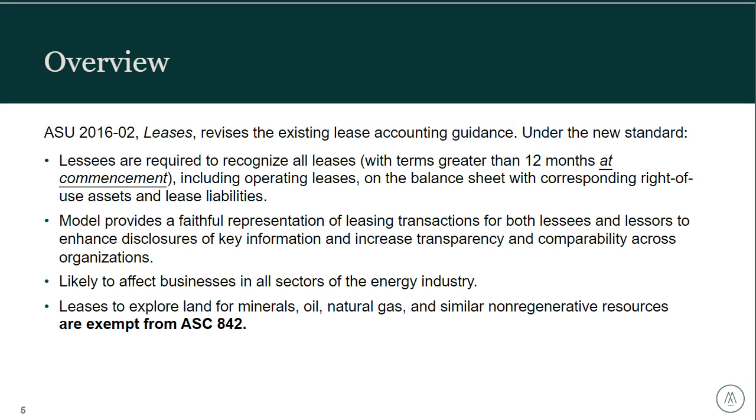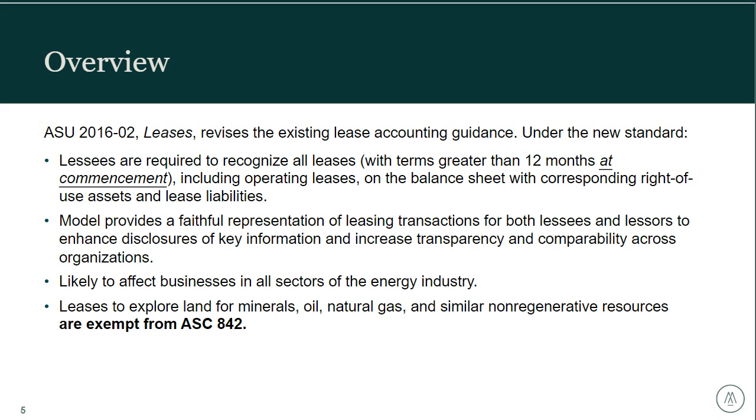This is the big push of what's happening right now: we're taking everything that's characterized as a lease and all of it's coming onto the balance sheet. I will warn you, and we're going to warn this a couple of times during this presentation, when we say terms greater than 12 months, you may have month-to-month leases that you fully expect to go past the 12 months that you'll still have to consider. Just because it's month-to-month does not automatically get you out of the standard.